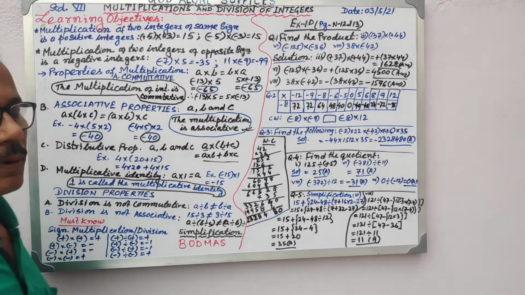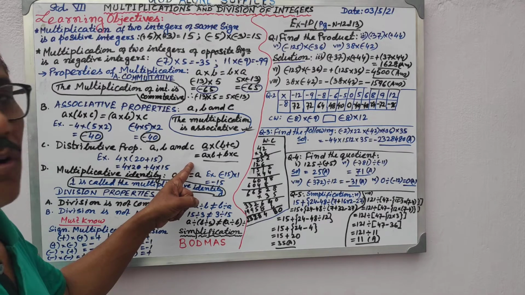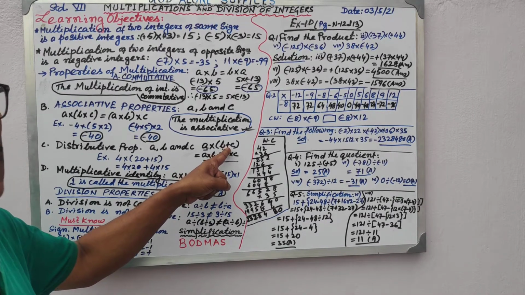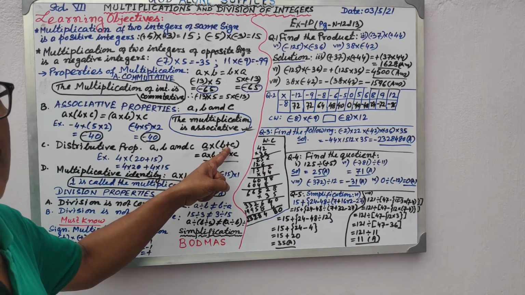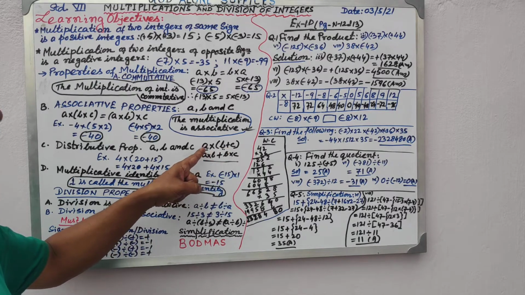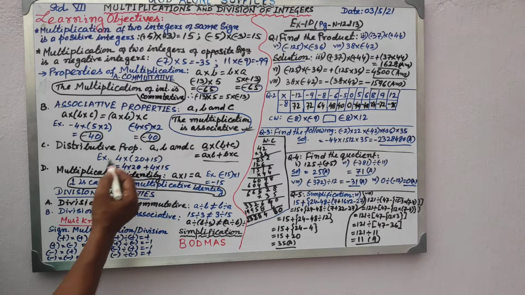This is the distributive property. It is very effective to calculate simplifications when the addends are within a bracket and multiplied with some integer, that will be very easy. So you must know this distributive law.